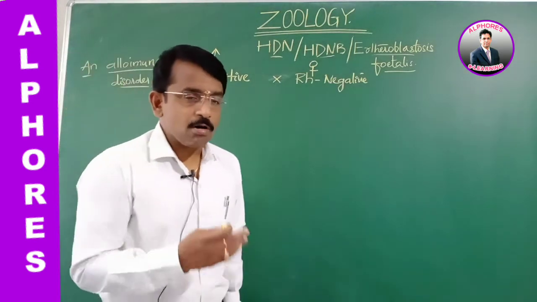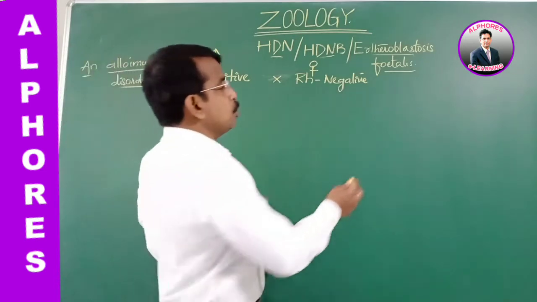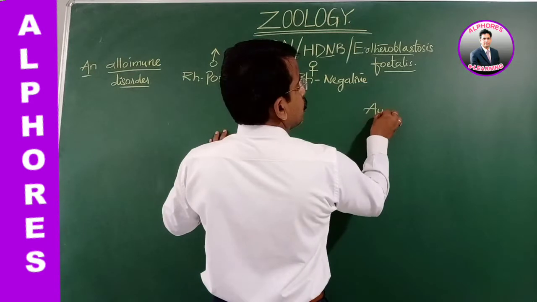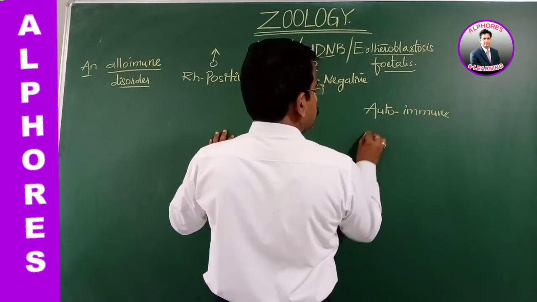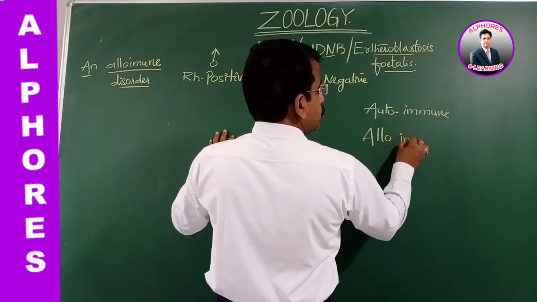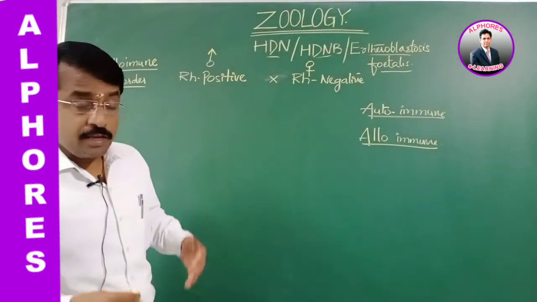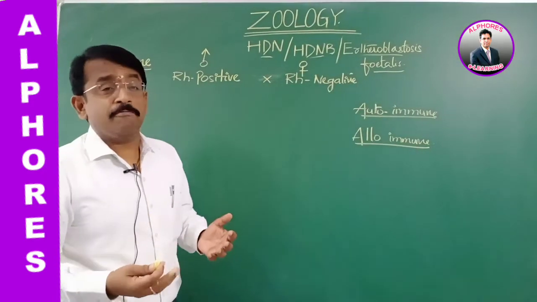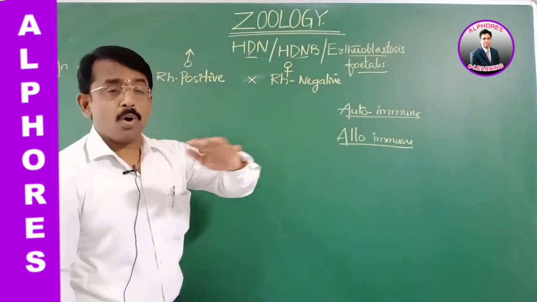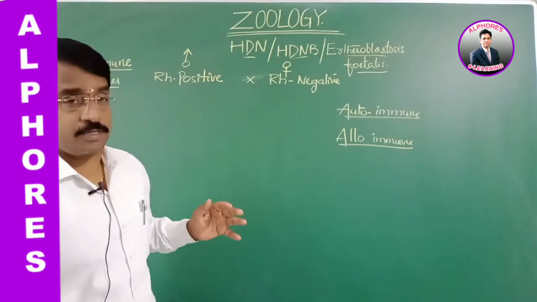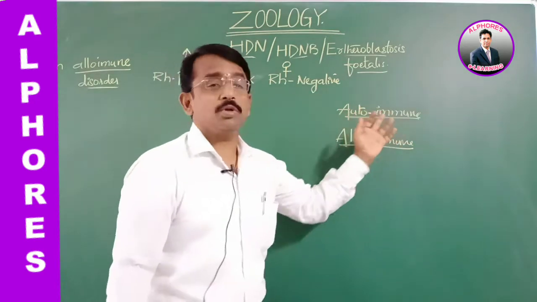Basically, the disorders related to immunity can be autoimmune and alloimmune. Let me make this clear. Autoimmune in the sense, if the body fails to recognize its own cells and goes on showing immune responses, destroying its own cells, that is named autoimmune.